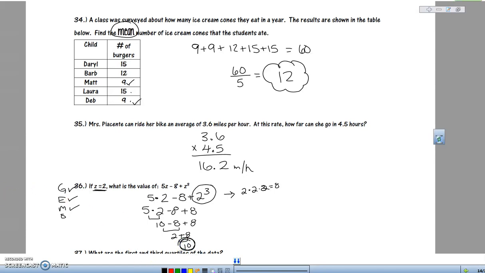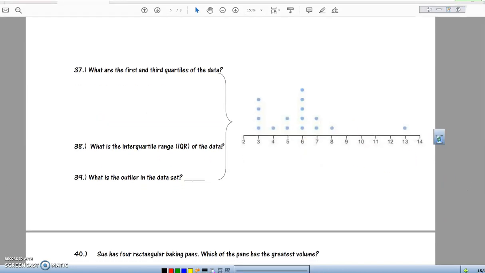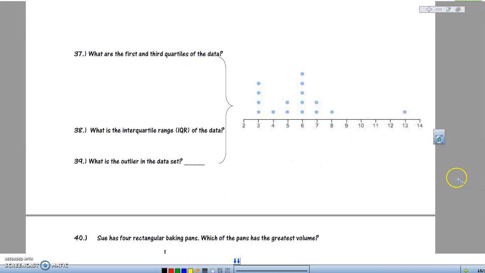Okay, number 37. What are the first and third quartiles of this data? I actually love line plots because it's already in order. So to find the quartiles, we first have to find the median.